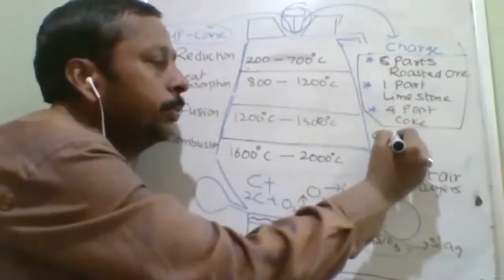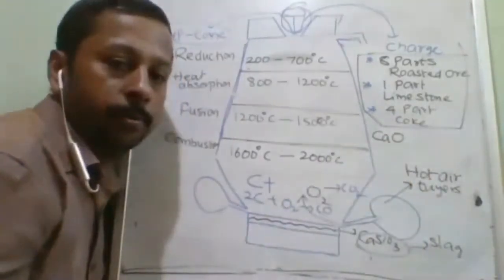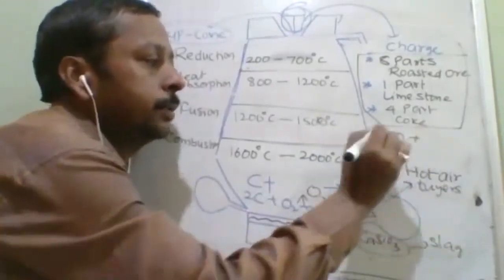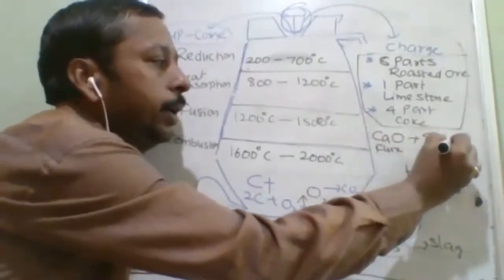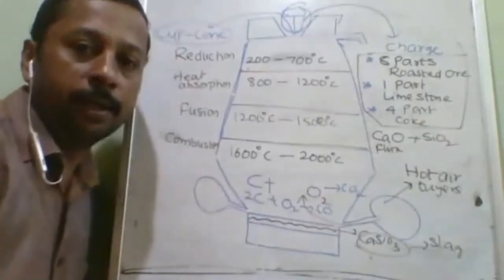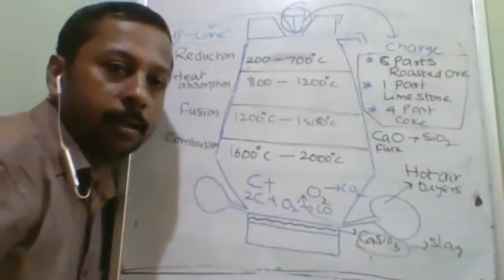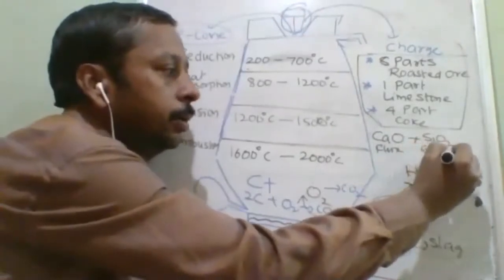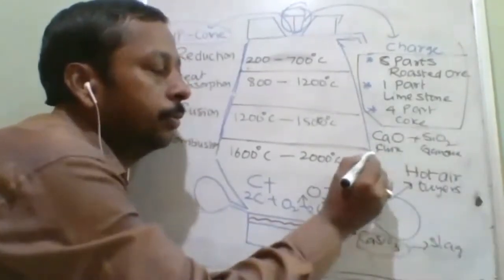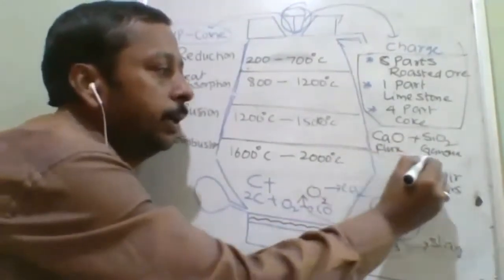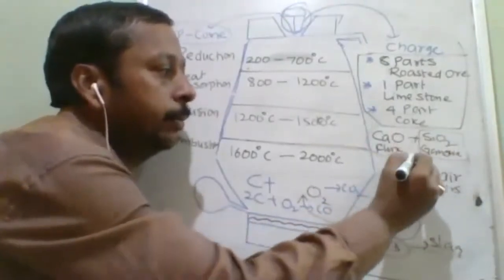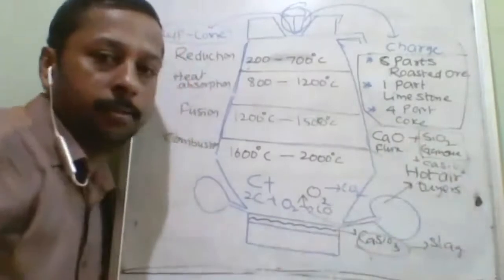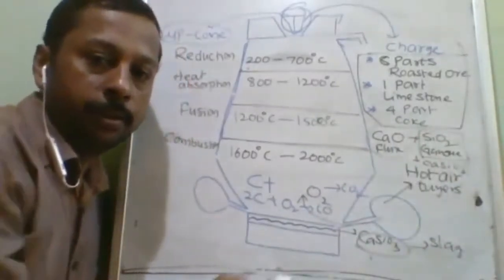Limestone on decomposition will give you CaO, and this is called flux, as I told you. And the impurity available in the ore is SiO2. This is called gangue. Okay, so this we are deliberately adding. Our intention is to remove him. They both will combine together to form CaSiO3.